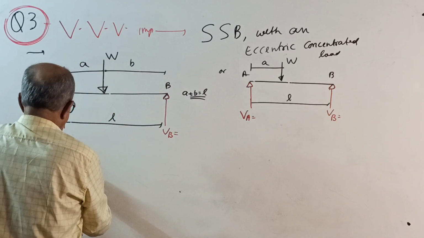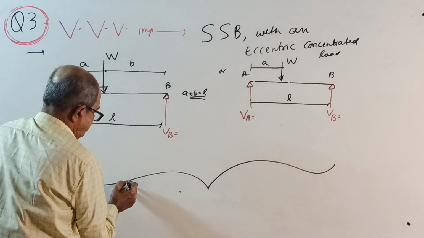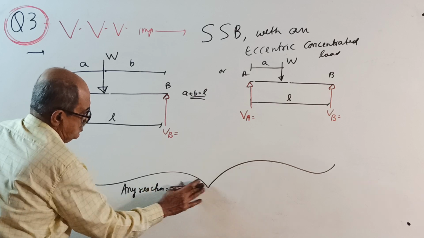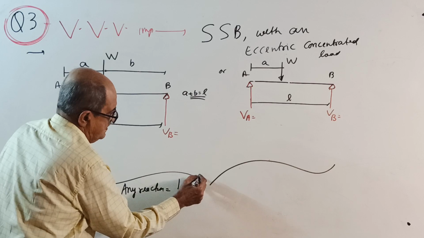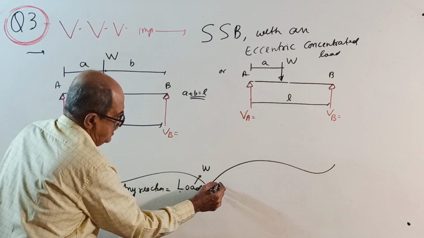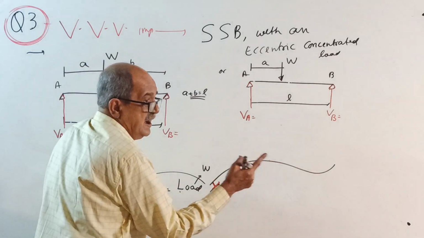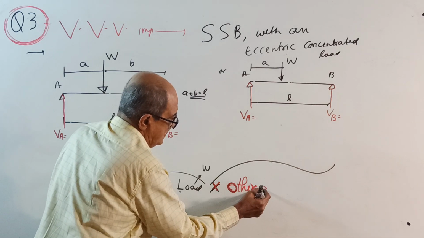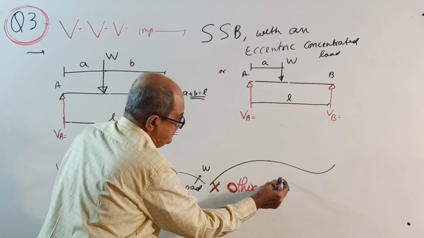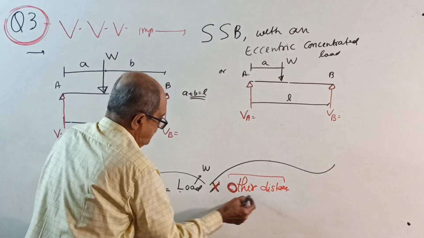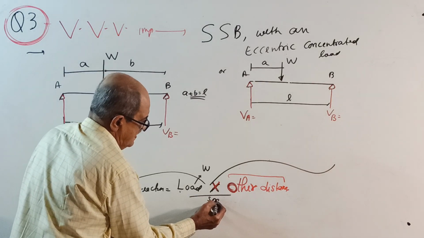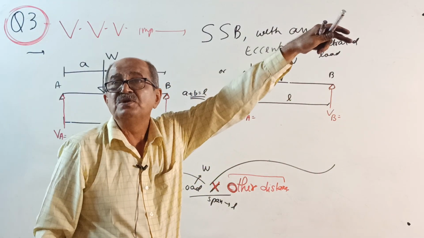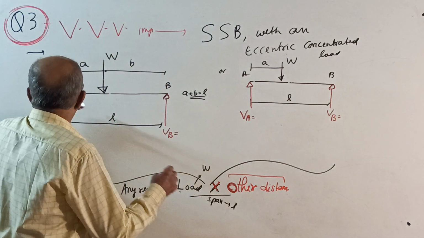Remember now, for both of them the common form is: any reaction equals load W into the other distance, this is a short form, by span L. Technically you have to write the distance of the other support from the load.